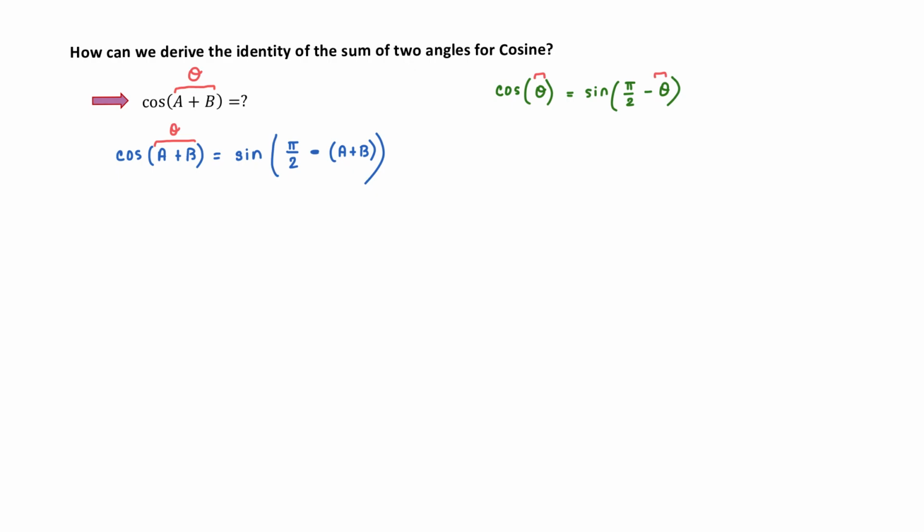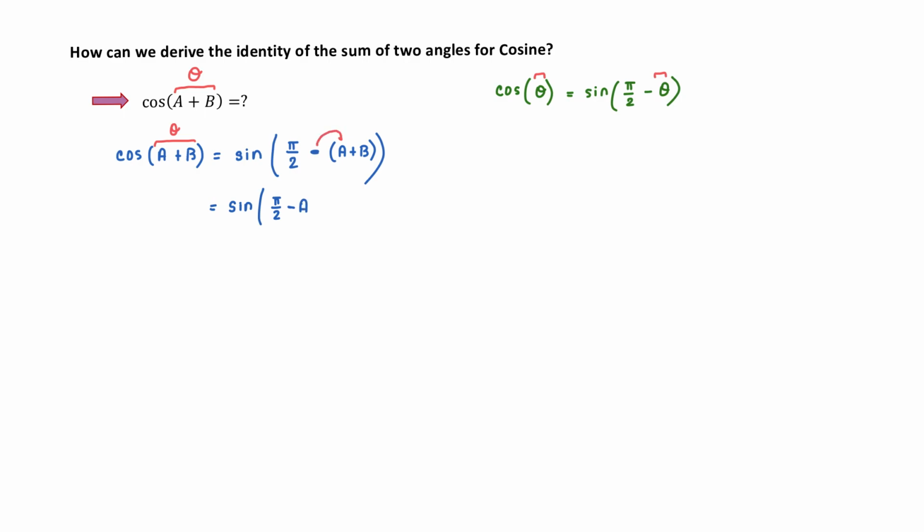Now we're going to do a little bit of rearrangement. We're going to rearrange some of these terms inside. In other words, I want to have pi over 2 and A together. So we're just regrouping. We're going to group pi over 2 and A, and B is going to now be alone. You'll see exactly what I have in mind. This is equal to sine of pi over 2 minus A, and why minus?